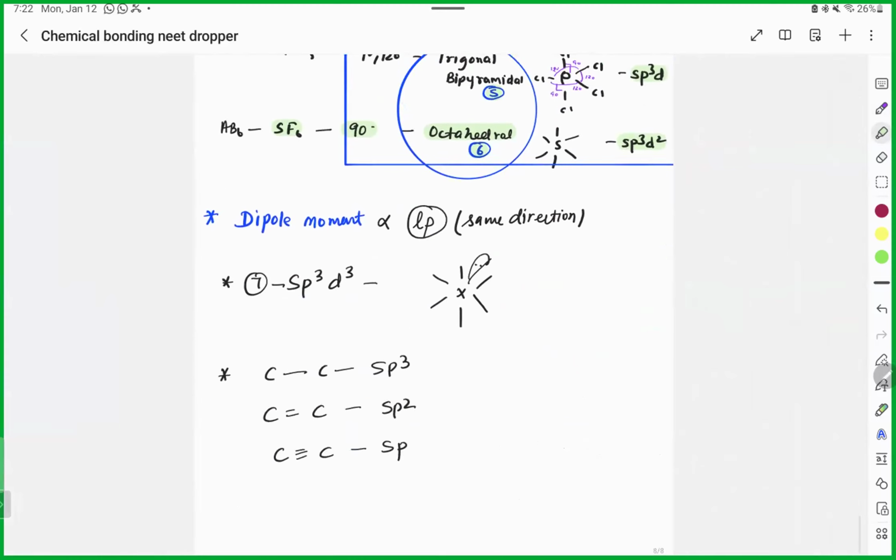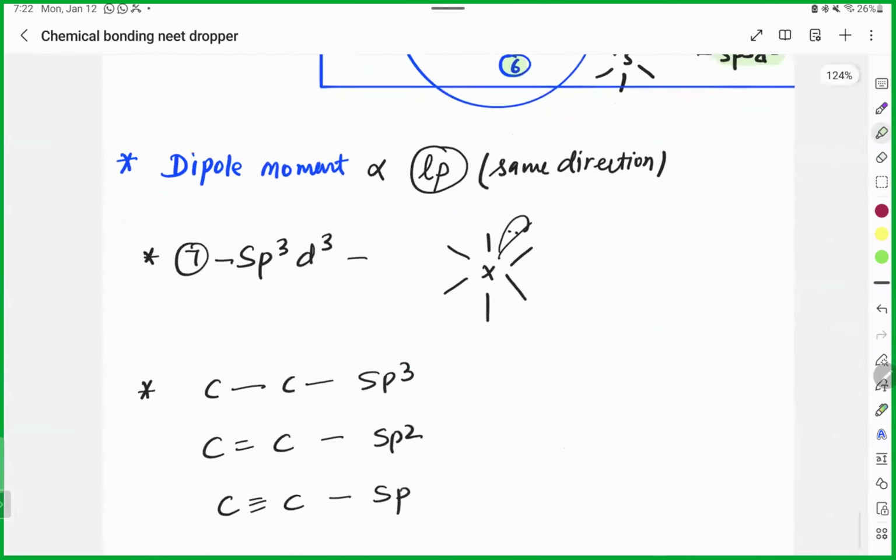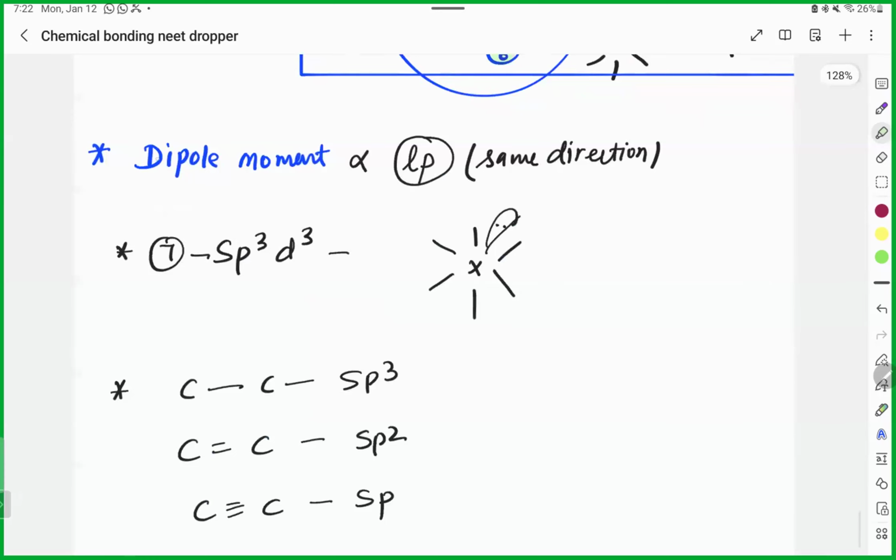In one of the questions, like we did from the question, if you talk about dipole moment, it depends upon the number of lone pairs also, whether it is in the same direction or opposite direction. Second, if you get number 7, it should be sp3d3, total 7.